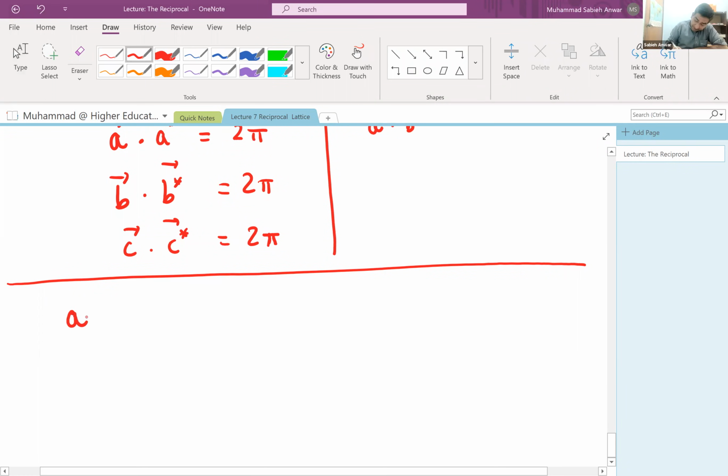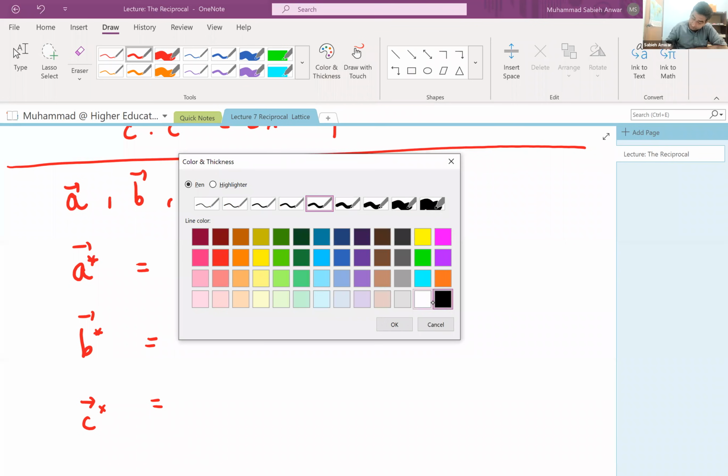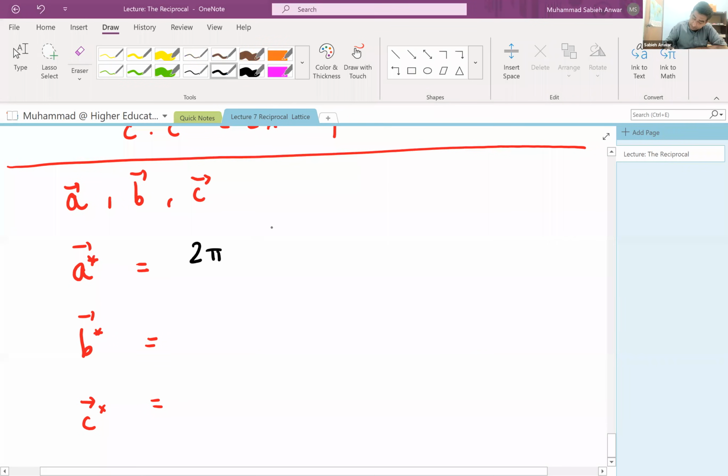If I have direct lattice vectors A, B, and C, it corresponds to a reciprocal lattice with primitive unit cell vectors given as A star, B star, and C star, such that A star equals 2 pi B cross C divided by the volume of the direct unit cell.